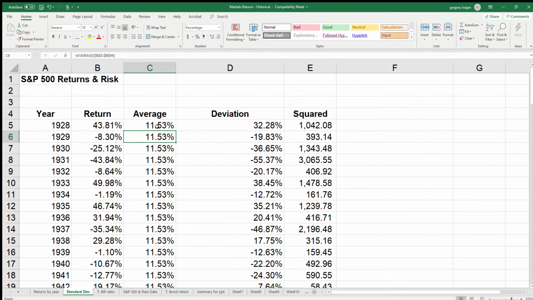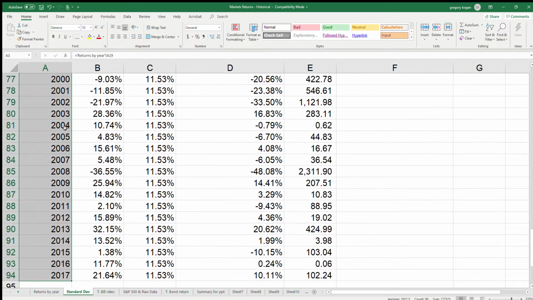And this is essentially the average. In order to drag it, I would put $ signs around the B5, left hand side and right hand side, and then you could also drag this down. So the average for how many years is it? 1928 to 2017 is 90 years.